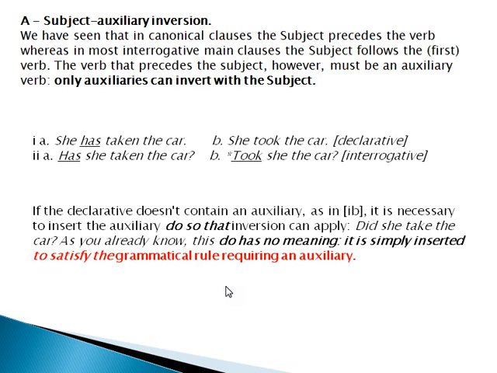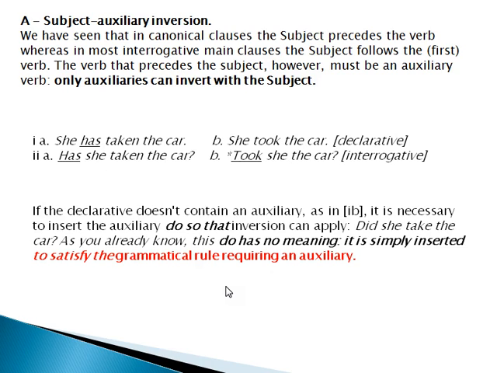The verb changes to the plain form or to the plain present? To the plain form. Everything that happens after auxiliaries is plain form. Okay?